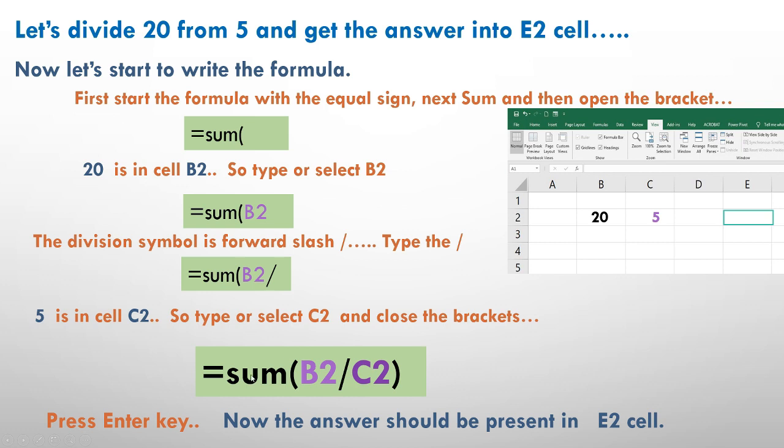Now I think our formula has finished. We have started the formula with the equal sign, then sum, open bracket, B2 forward slash C2 and then close the bracket. Now you can press enter key. Now the answer should be present in E2 cell.